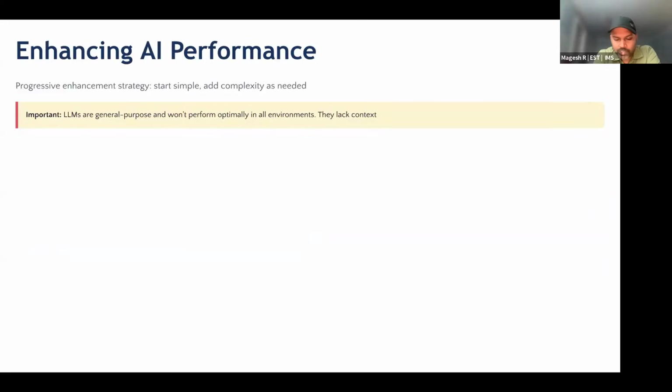Okay, moving on. When you try to build an application on top of AI, even though it is very smart in terms of general purpose, it won't work well in all environments. They lack a lot of context. They might be very good compared to a general purpose system, but it's not going to work in all environments.